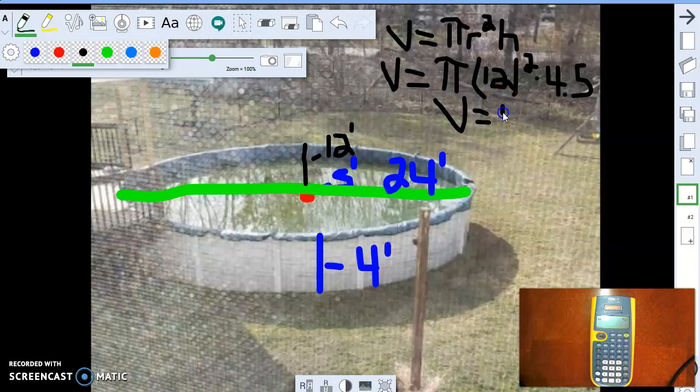So I have pi times 144. And we're going to put this all in our calculator in a second. And that's also going to be times our 4.5.